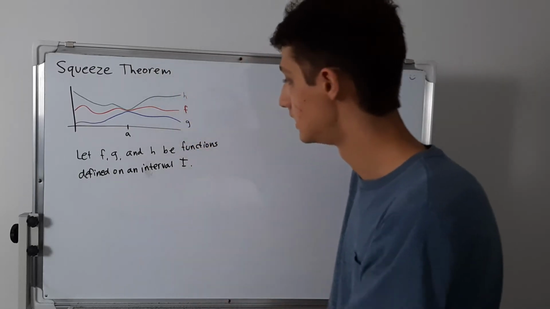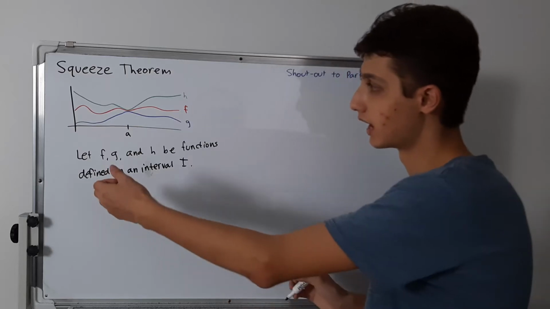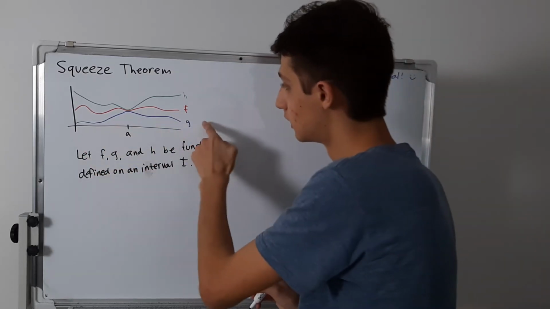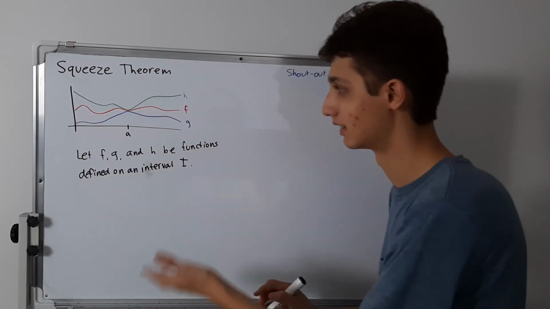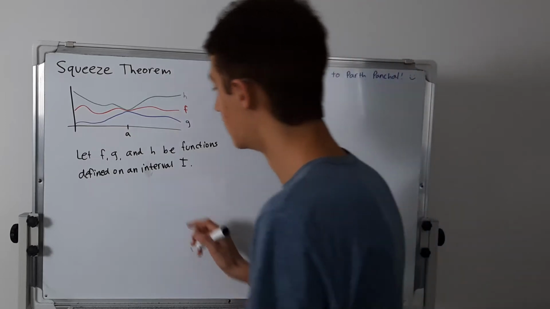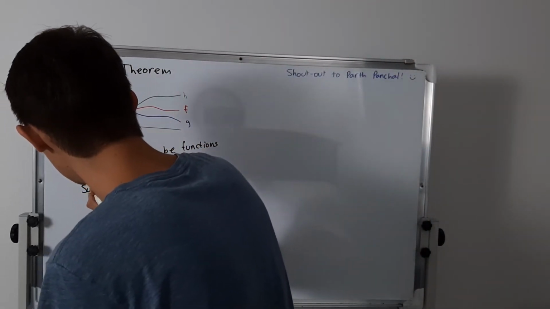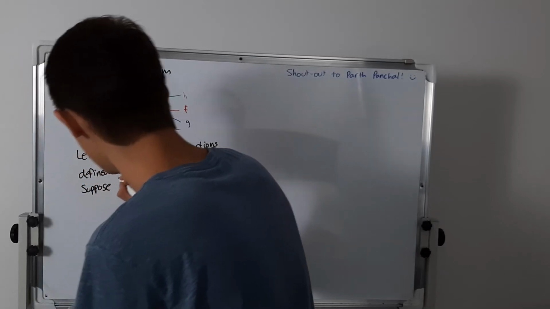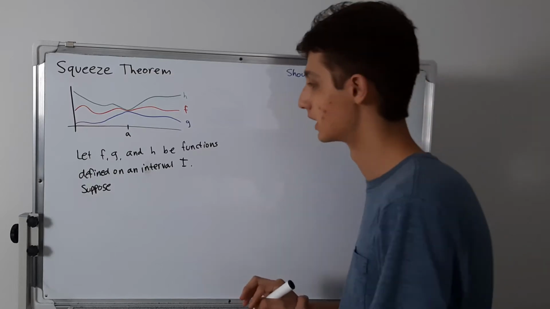Now what we need to say is, if the limits of g and h are equal at a, then the limit of f should be equal. So suppose the limits of g and h are equal. I'm going to speed up the video to make that a little quicker.